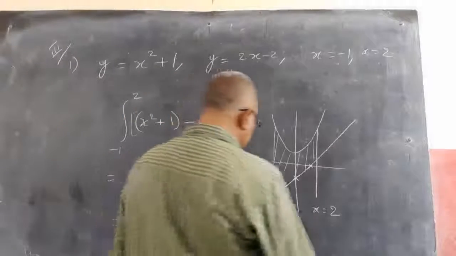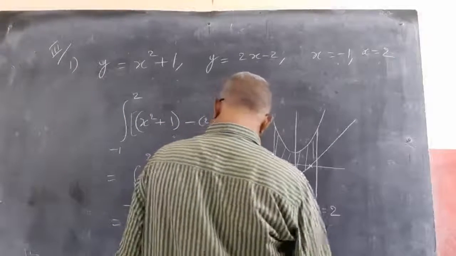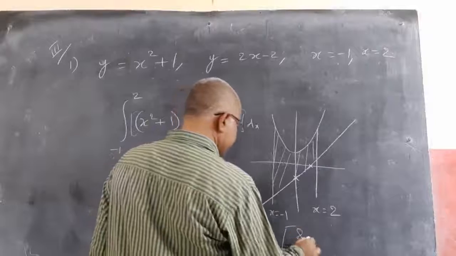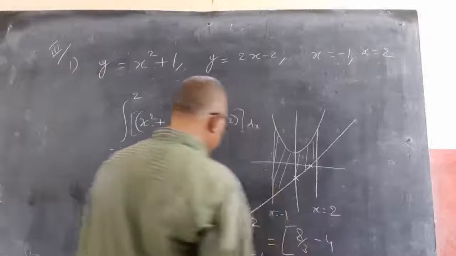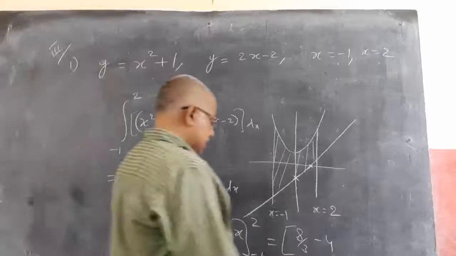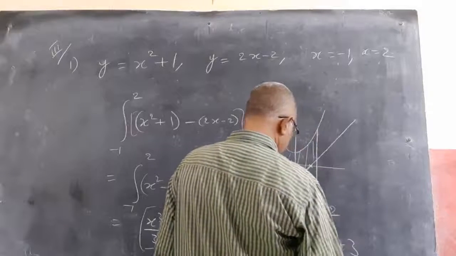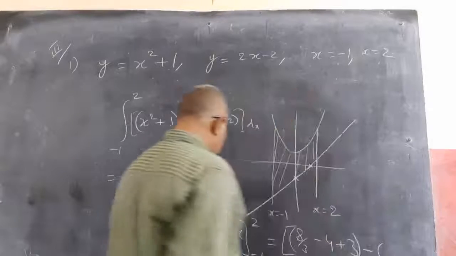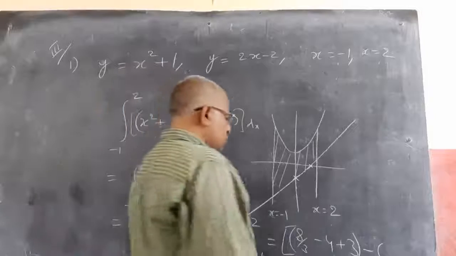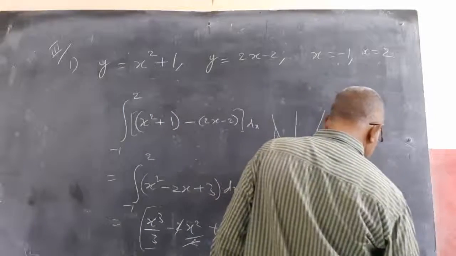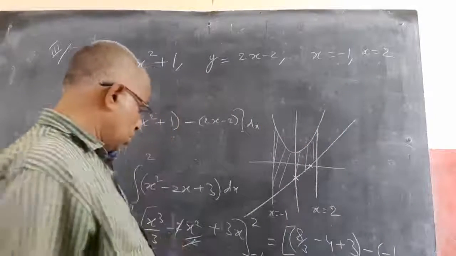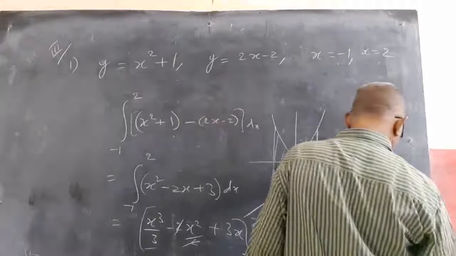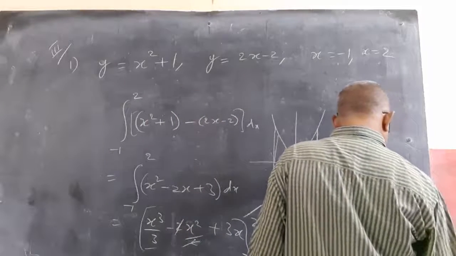Upper limit is 2, if I substitute, this is 8 by 3 minus 4 plus 3, minus lower limit, minus 1 by 3, minus 1, minus 3.